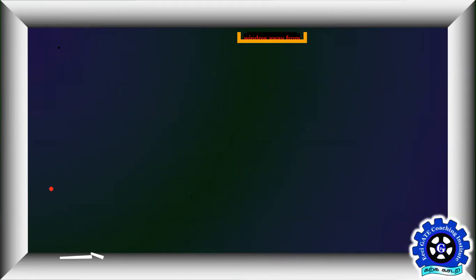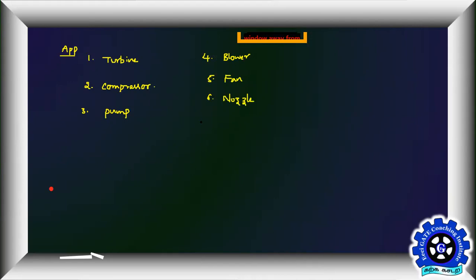The examples or applications for open system. Number one, turbine. Number two, you can have a compressor. Number three, a pump. Number four, a blower. Number five, a fan. Number six, a nozzle. I'll explain all these things. Number seven, a heat exchanger.